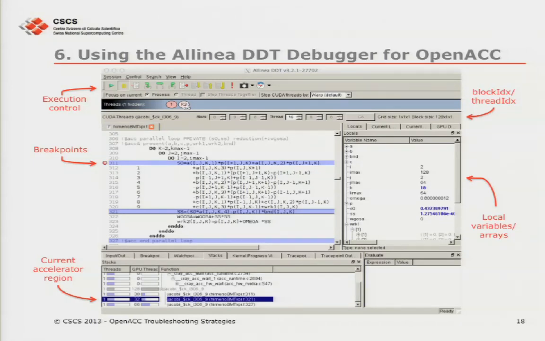You can see the various kernels that are running or not running. Over here we have information about the local variables to each thread, and here we've specified thread 16, so it's giving information that is relative to thread 16 here.